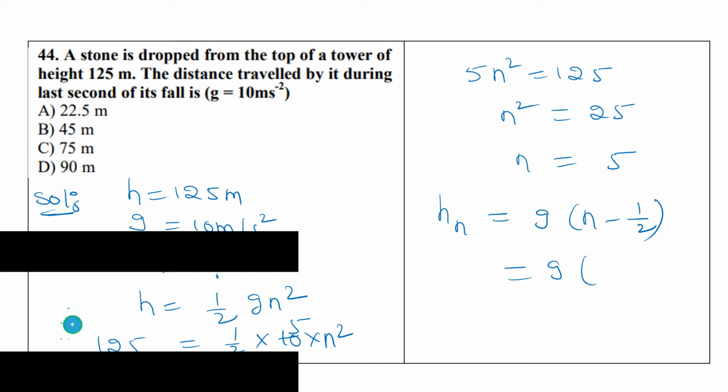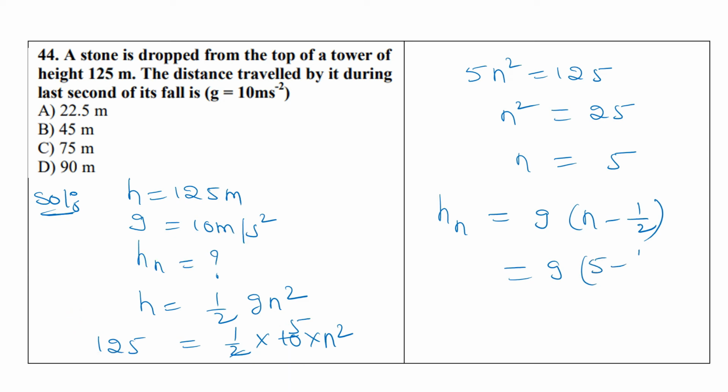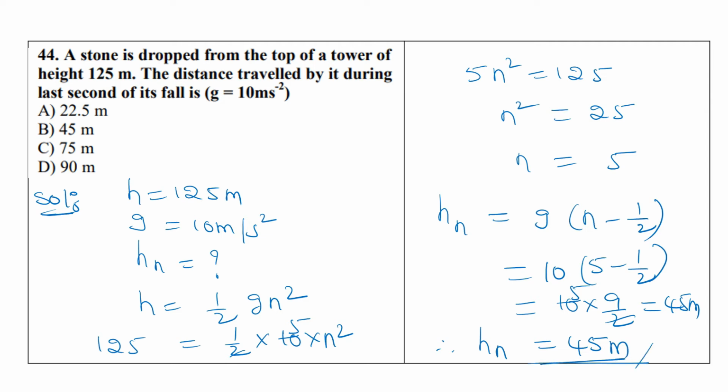So g of, substituting n value here, 5 minus 1 by 2, g nothing but 10, so 10 into 2 5s are 10 minus 1, 9, so 10 into 9 by 2, 2 ones 2 5s, 9 5s are 45 meters. Therefore h n is equals to 45 meters. Okay, next we will go to the next.